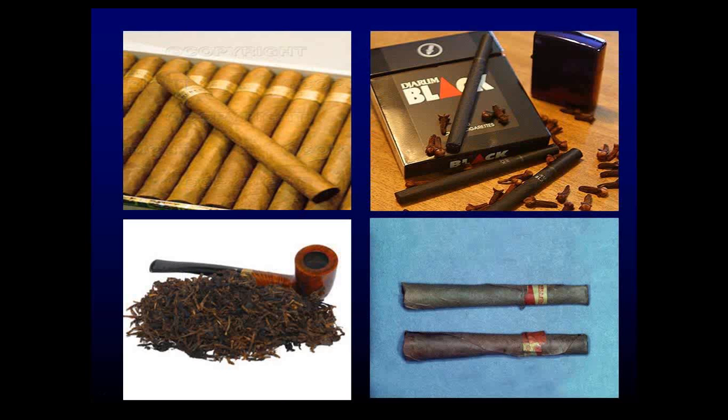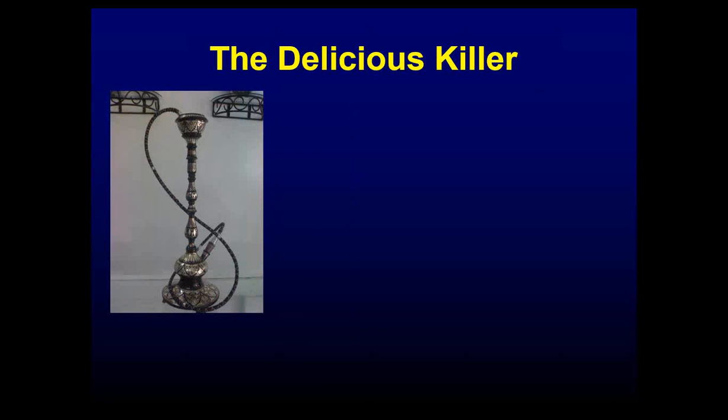And just to give you an example, there are so many types of tobacco consumed all over the world, both in the form of smoked or smokeless. Whichever part of the world you go, there is one or other type of tobacco consumed by the people. Recently, however, in certain parts of the world, another form of tobacco consumption has become popular, and more importantly, popular among younger people, and that is what is called shisha.